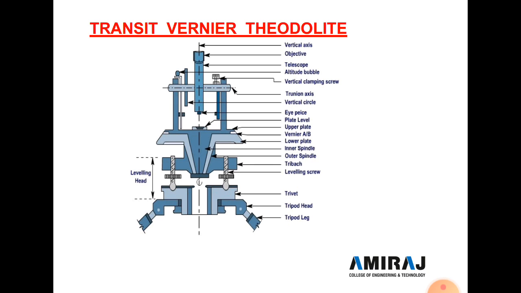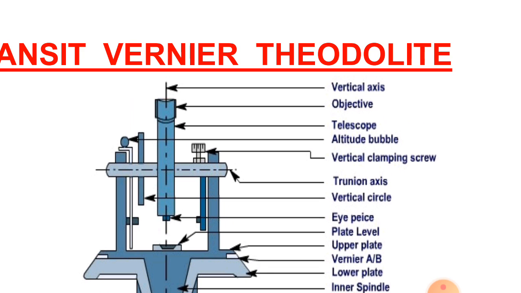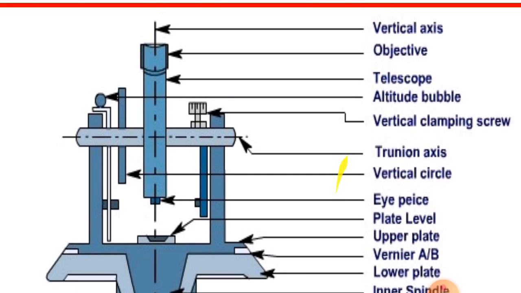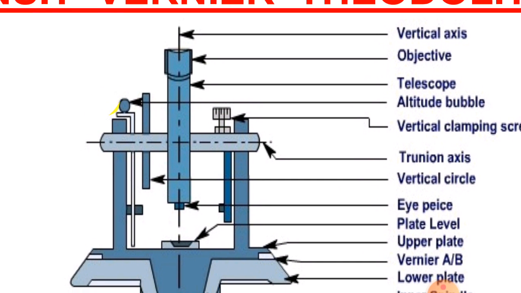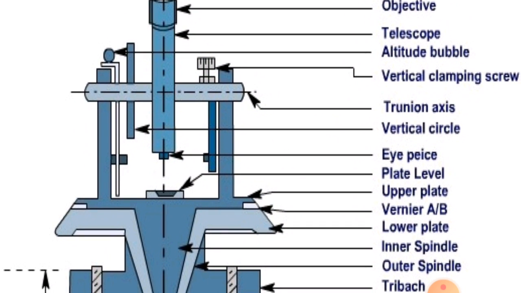Now next is the transit vernier theodolite. Here we discuss the parts of the theodolite one by one. Here we see the vertical axis, objective, then the telescope, altitude bubble tube, the vertical clamping screw for adjustment, and the trunnion axis.